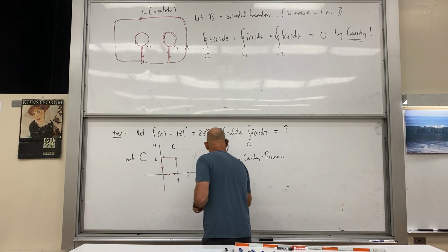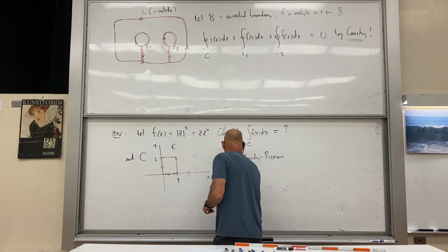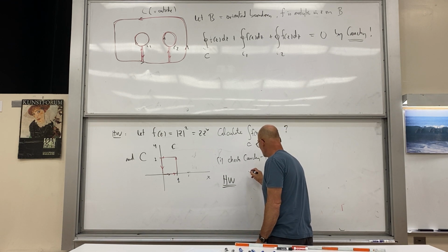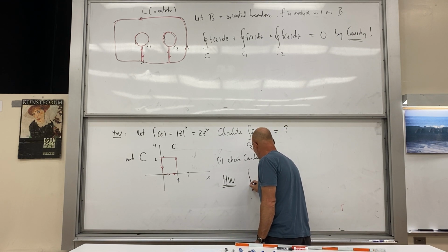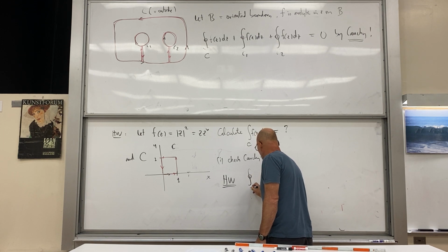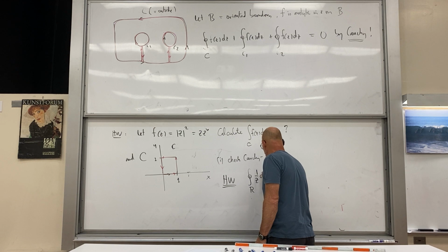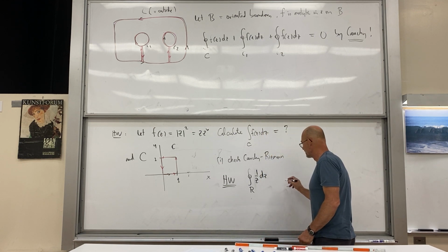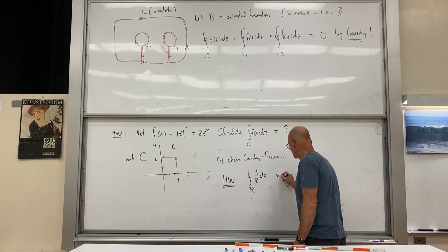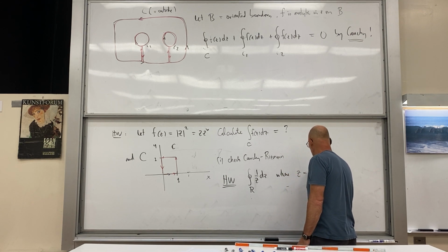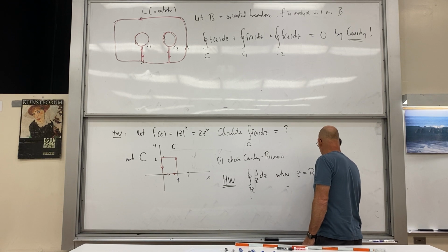And the second homework problem, this is the really interesting one. Calculate integral 1 over z dz, where z is equal to r e to the i theta.